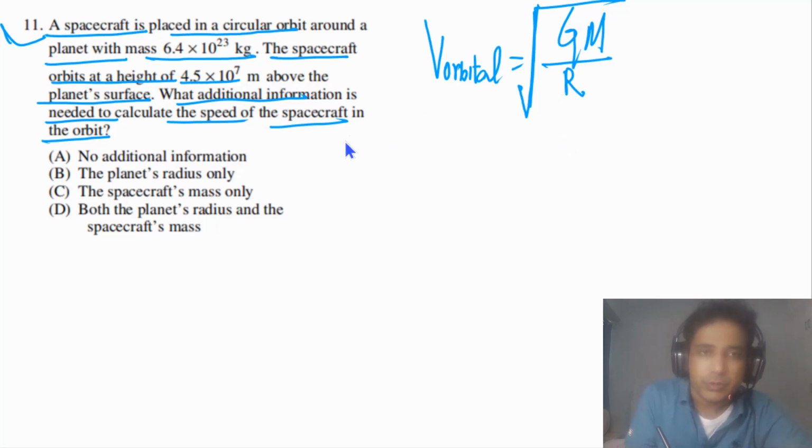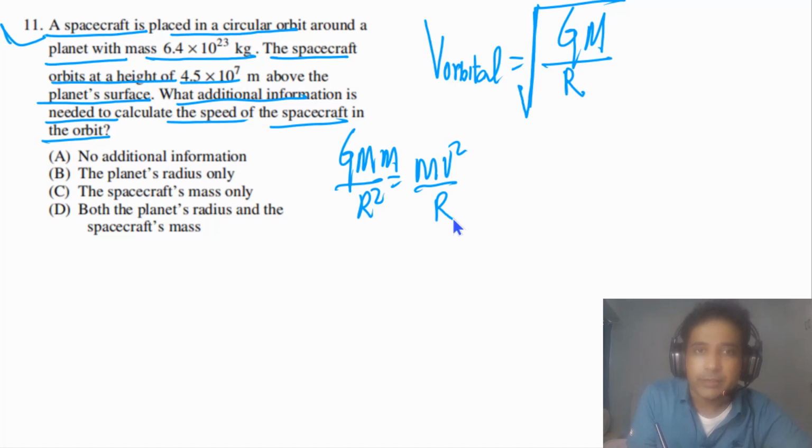You can simply use Newton's law of gravitation, G capital M small m over r square, and this is equal to m v square divided by r. So this is small m, so we can cancel with this one. In this case one r we can cancel with this. So v simply is equal to root of G capital M divided by r. So this is how you can calculate orbital speed.